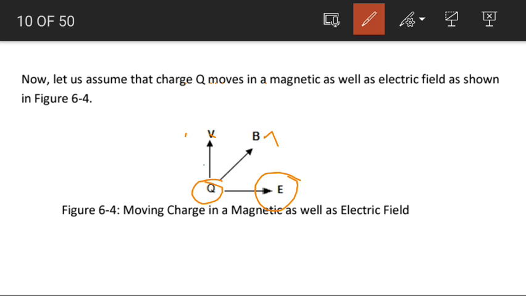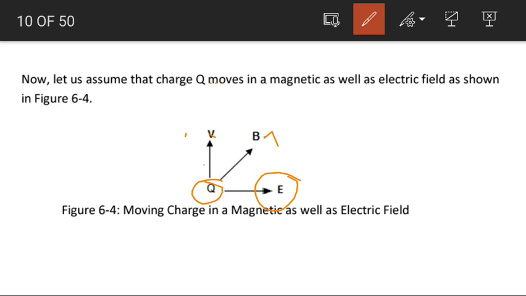So there will be two forces on the moving charge. There will be a force on the moving charge due to electric field intensity, and there will be a force on the moving charge due to magnetic flux density.